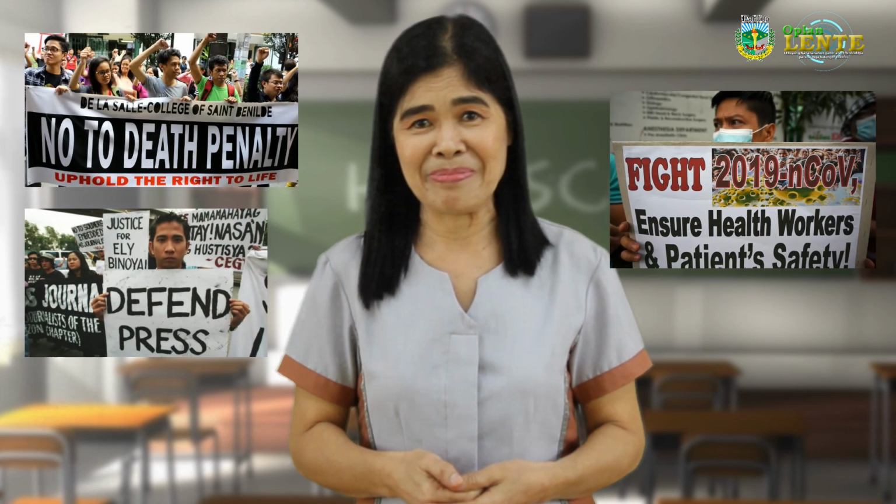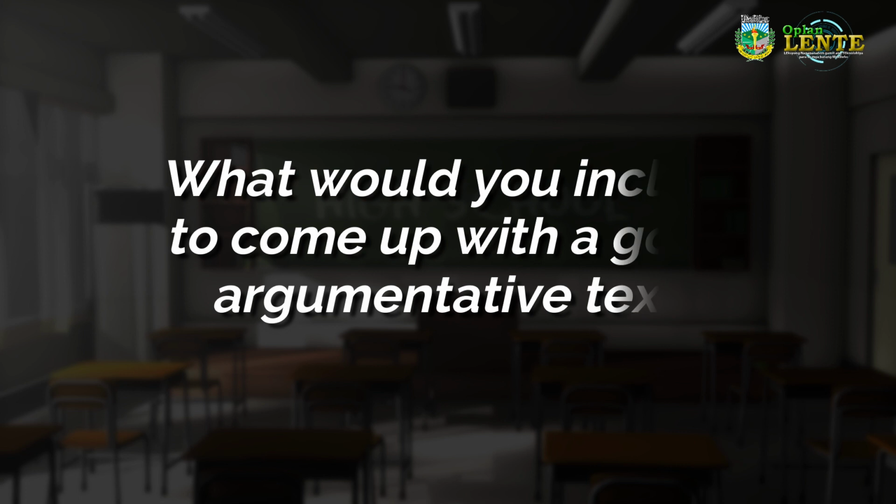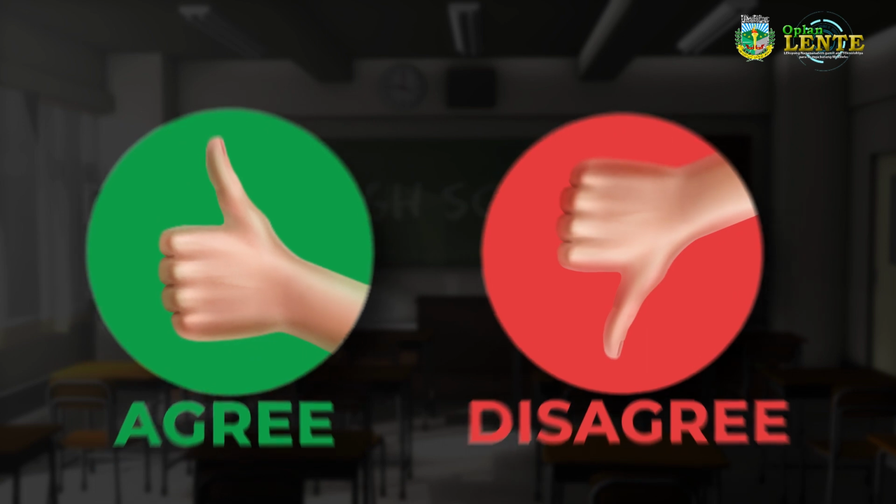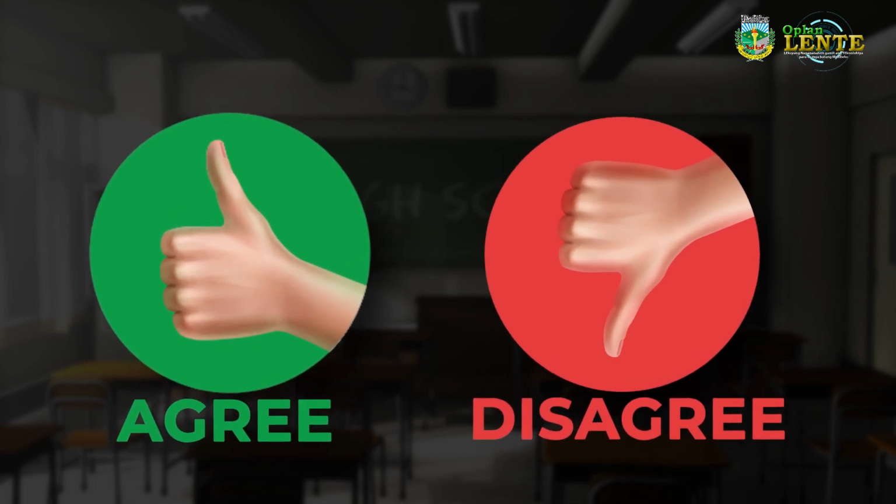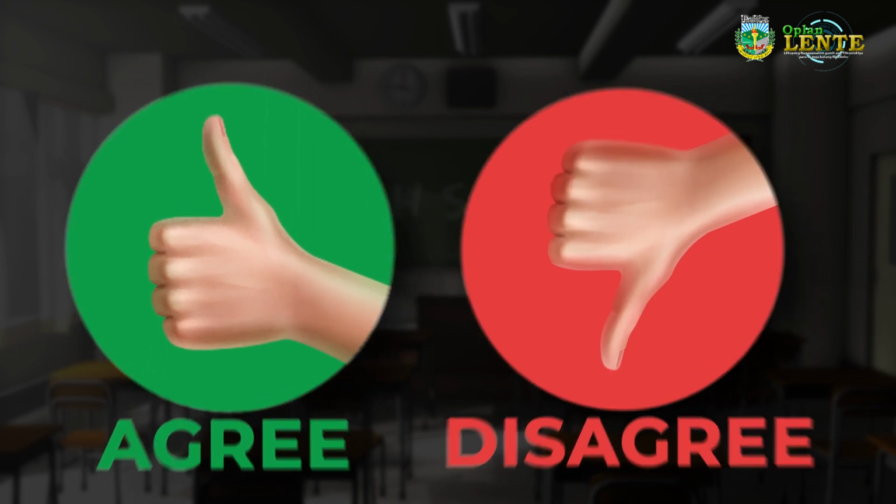Imagine that you are tasked by your teacher to build an argument about a current issue. What would you include to come up with a good argumentative text? This time, let us check what you know about the key structural elements and language features of an argumentative text.